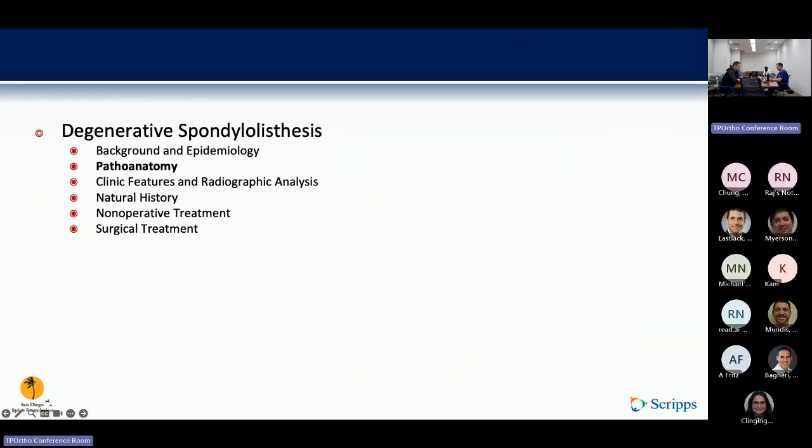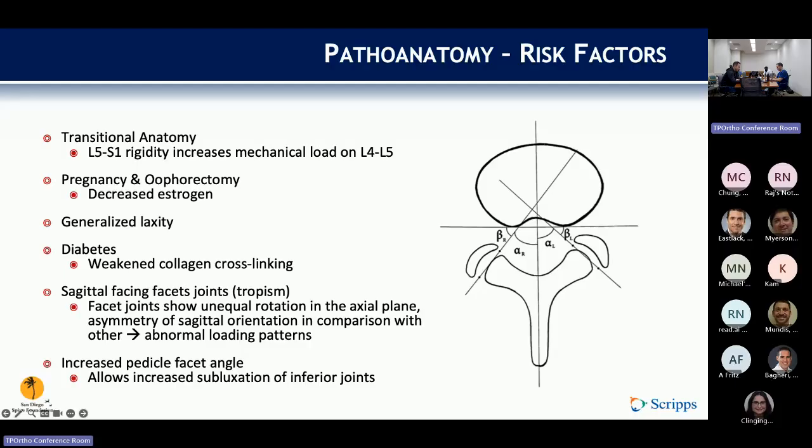All right, next we're going to talk a little bit about the pathoanatomy. So some risk factors that have been associated with developing degenerative spondylolisthesis include transitional anatomy. It's postulated that increased lumbosacral rigidity has been shown to increase the mechanical load on the more cranial segment, which is usually at L4-5 in the transitional segment.